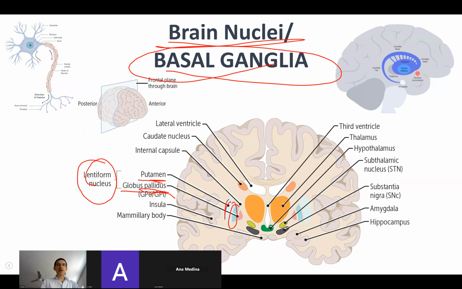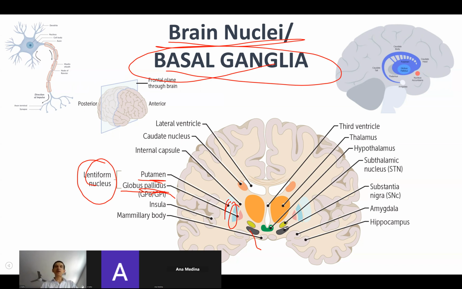Globus pallidus, the pale body. There are many more, as you can see: subthalamic nuclei, amygdala, substantia nigra, and so on.